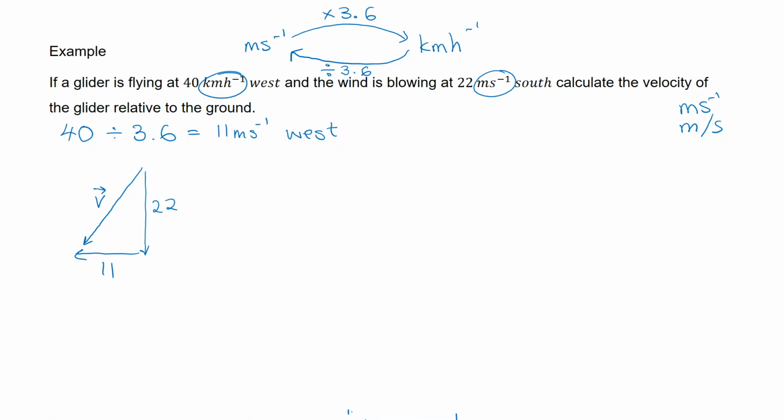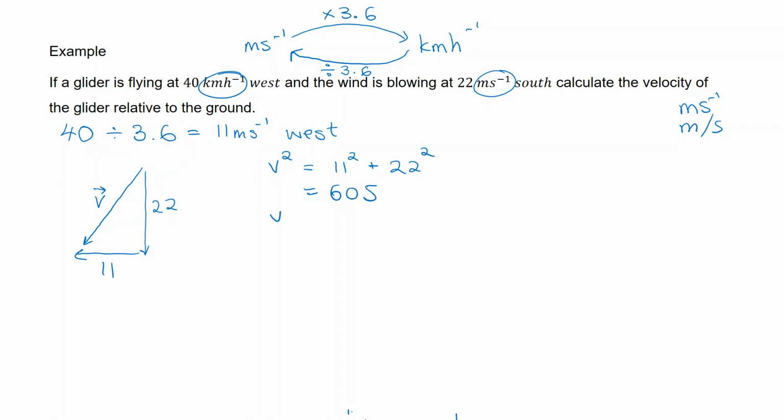So the magnitude is what we're finding out. And I do that using Pythagoras. So the velocity squared is the two individual velocities squared, just like the last example. So 11 squared plus 22 squared equals 605.